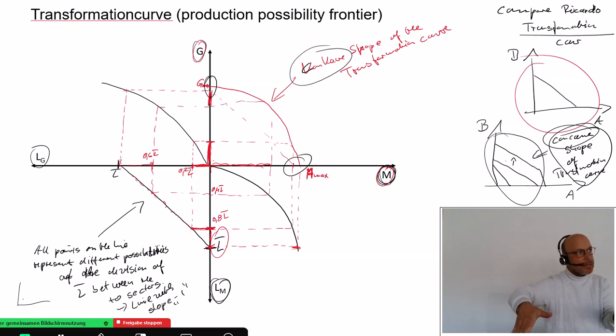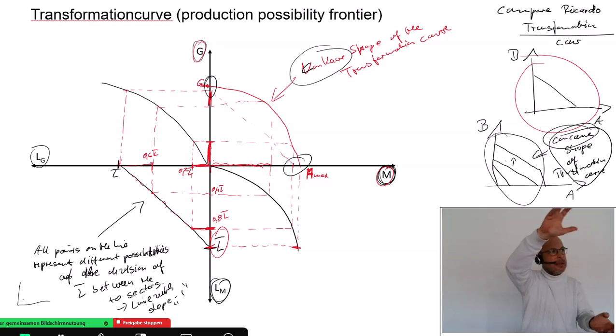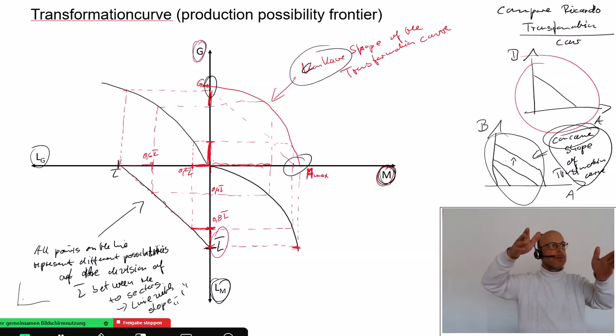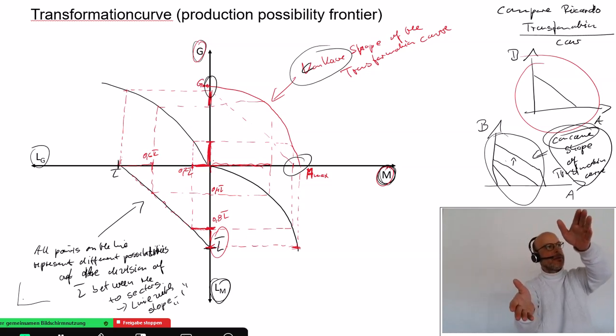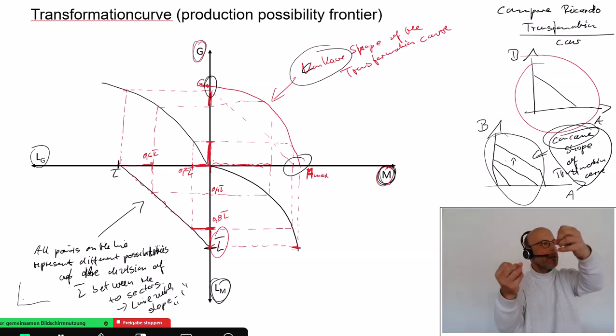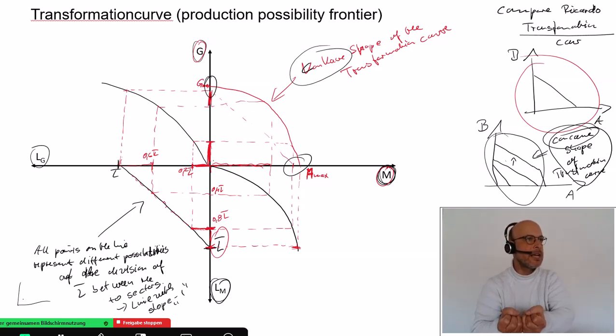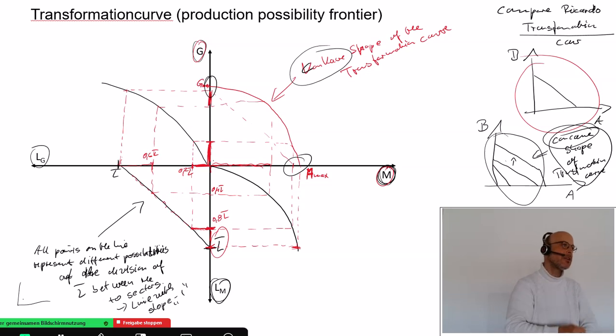There, because it was a linear line, it was constant, and here the exchange relation is changing, because the exchange relation, and this we will need in the further analysis, is that we start in absolute numbers with a flat slope, and then this slope becomes steeper and steeper and steeper, and this is just the exchange ratio between these two goods given some production point.